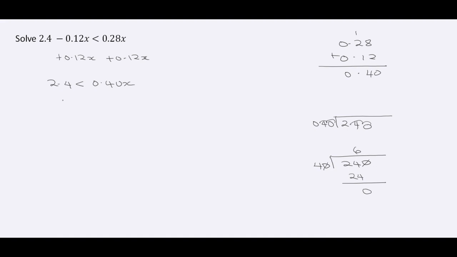So we divided by 0.40 on both sides. So we have 6 is less than x, which means we're going to move the x to the left hand side, so x is greater than 6. So now we have 6 right here, open circle, x is greater than 6.